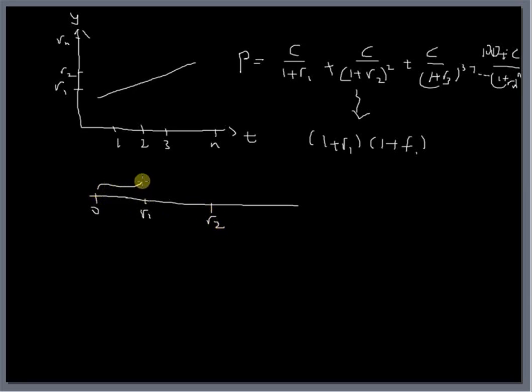We have period 1, period 2, we have R2 here, we have R1 here, then we have F1 here. 1 plus R2 squared is equivalent to 1 plus R1 into 1 plus F1.